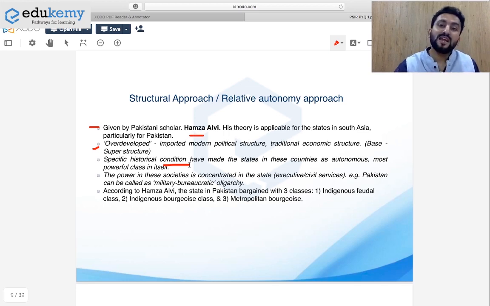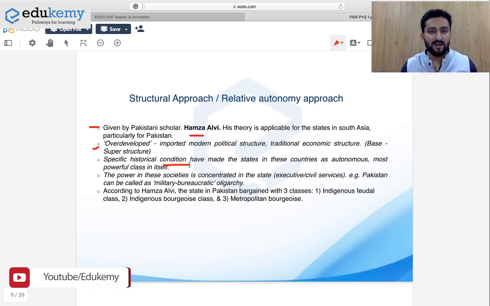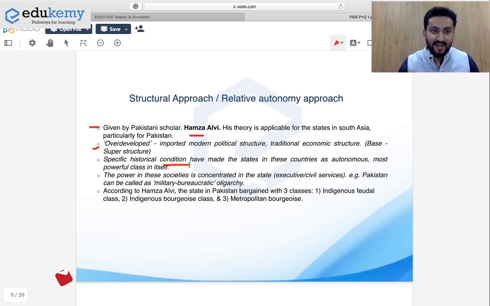When the position of collector was made by the British, it was touted like this person is the owner of the state. We still use it, right, that DM Sahab is the owner of the district. That itself shows the post-colonial nature of our state and thereby our language.